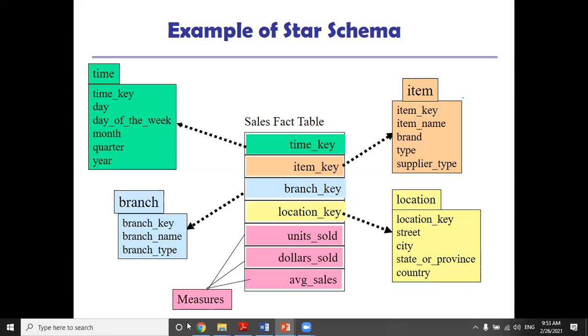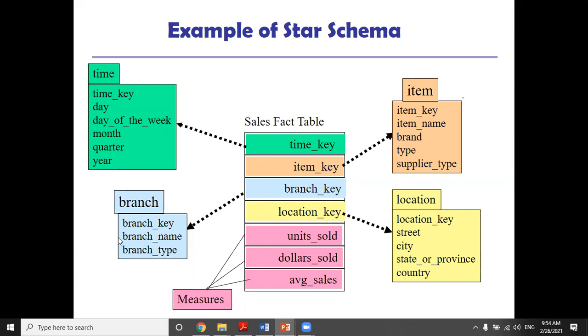How many dimension tables exist in this star schema? In this example, four dimension tables. Clear? And how many fact tables exist? Only one fact table exists, whose name is sales table, which contains numerical measures like units sold, dollars sold, average sale, to measure the entire sales of a particular organization throughout the year.